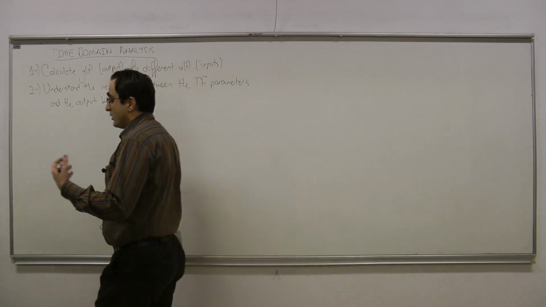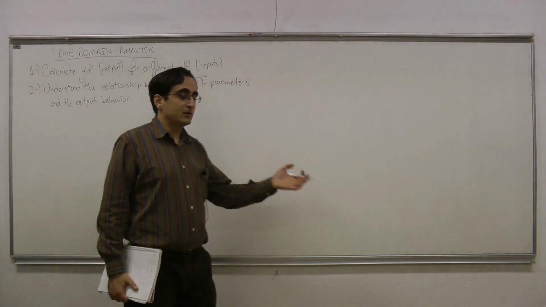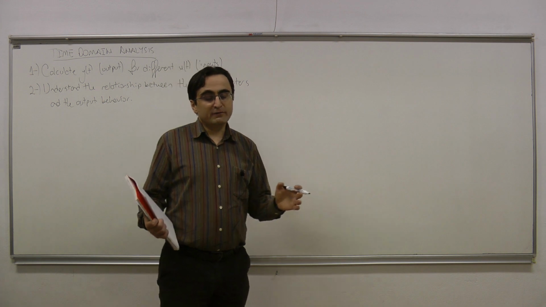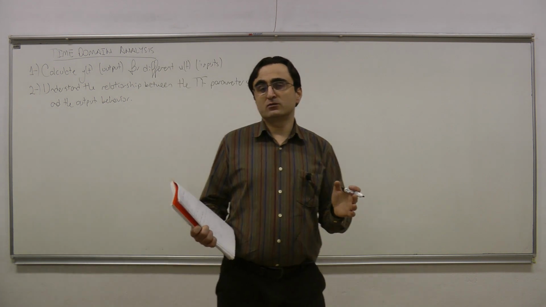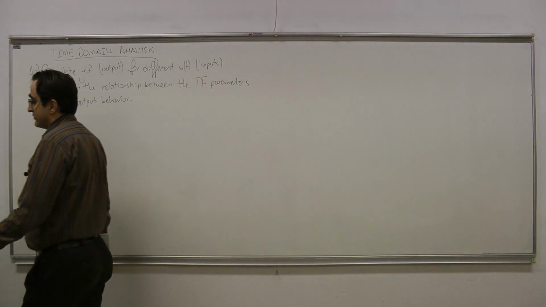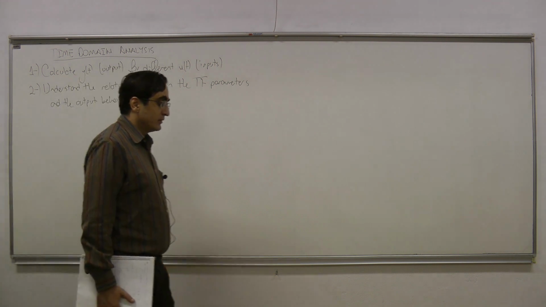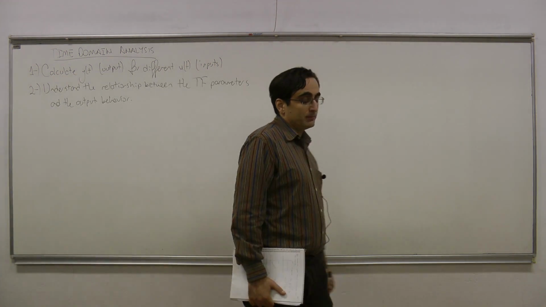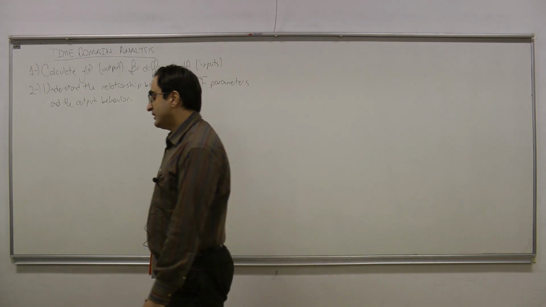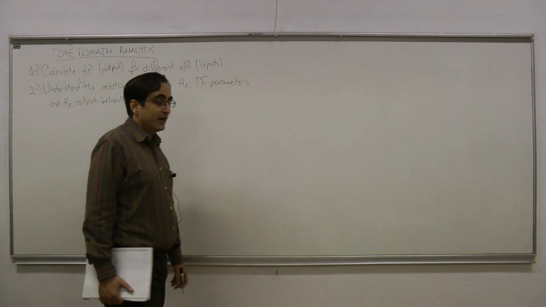So we will be asking, what is the effect of such parameters on the output behavior? For example, what will happen if I change one of the parameters between some constant and another constant? So what happens if I change the parameter value in an interval? Then what is going to happen to the output? For example, we're going to see that the poles are going to be really important, and if I change the pole locations, we will be able to predict how the behavior of the output is going to change.